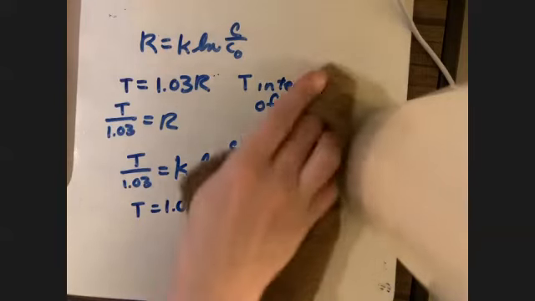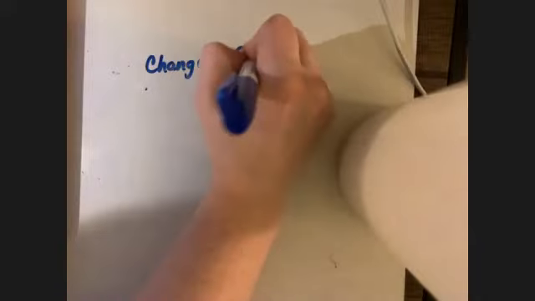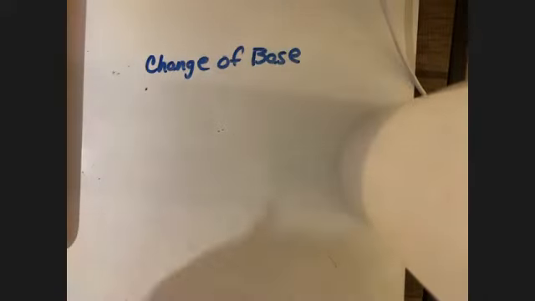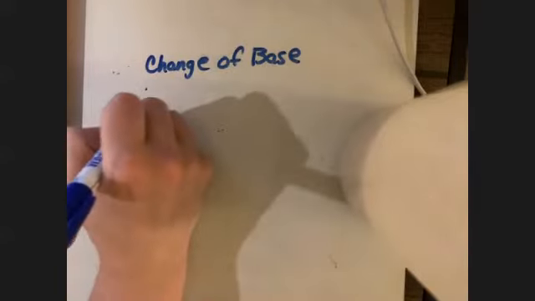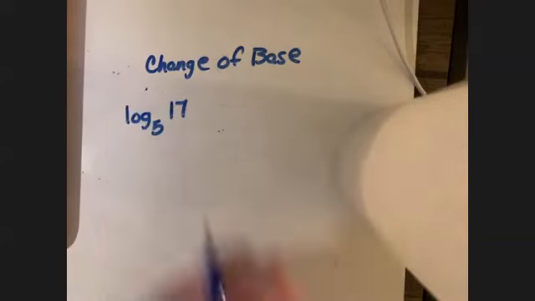Now, one of the other things that we talk about is called change of base. The reason we've got to talk about change of base is that oftentimes we are given a problem like log base 5 of 17. Our calculator cannot do log base 5.